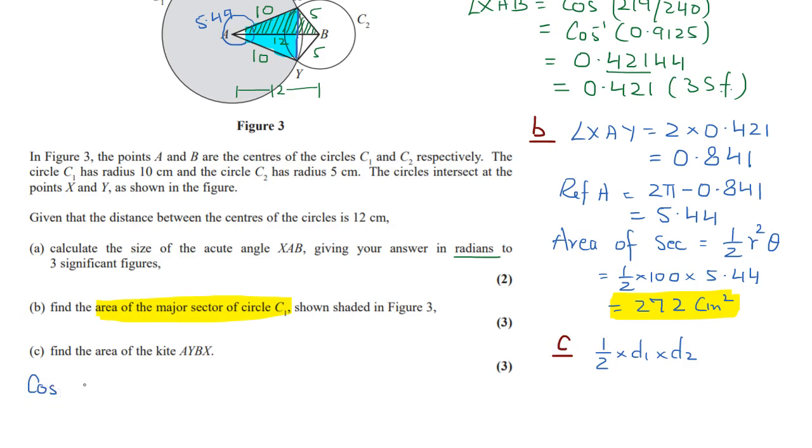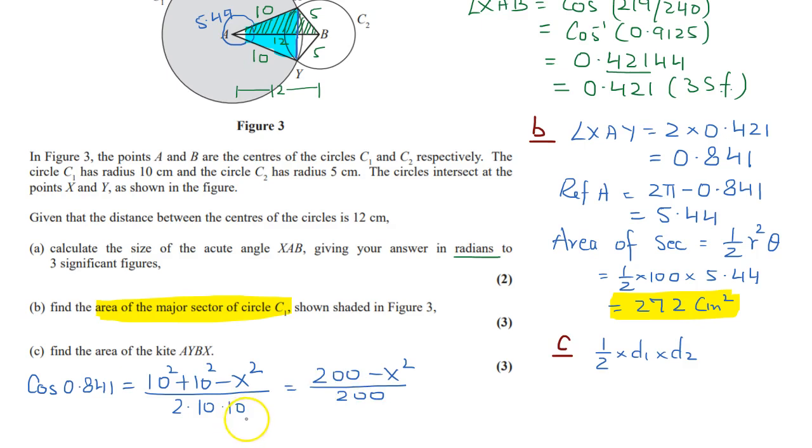So let's say cos of this angle, 0.841, is equal to 10 square plus 10 square minus x square, where you can call the diagonal d1 or d2 or x, over 2 multiplied by 10 multiplied by 10. So that is equal to 200 minus x square over 200.